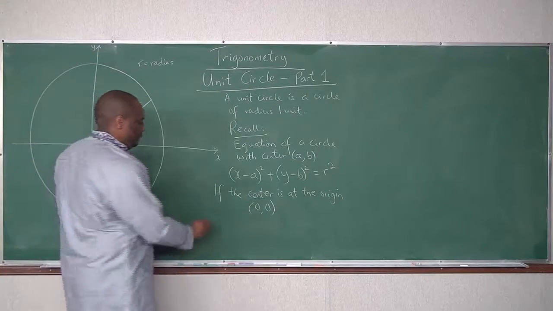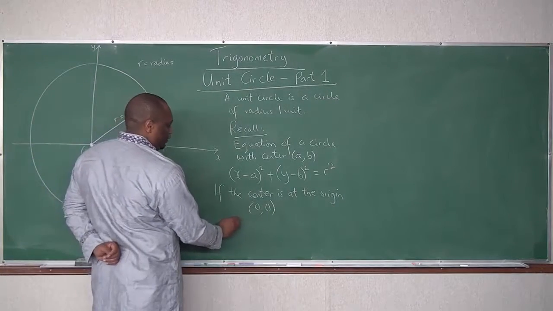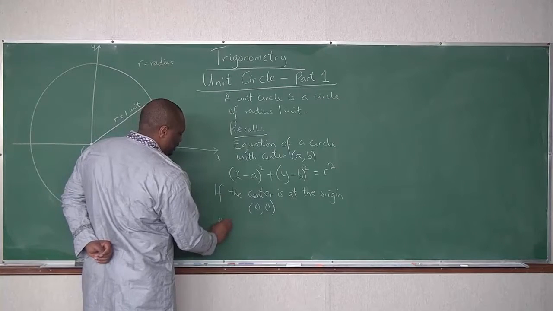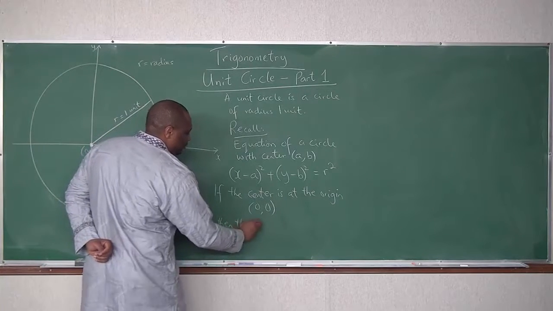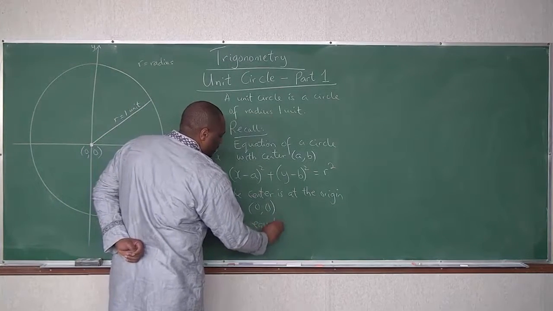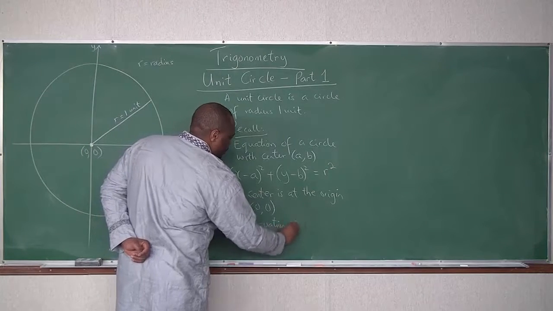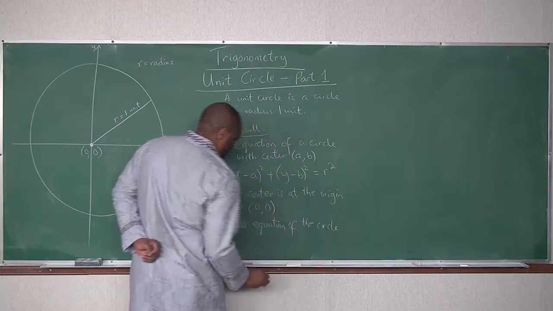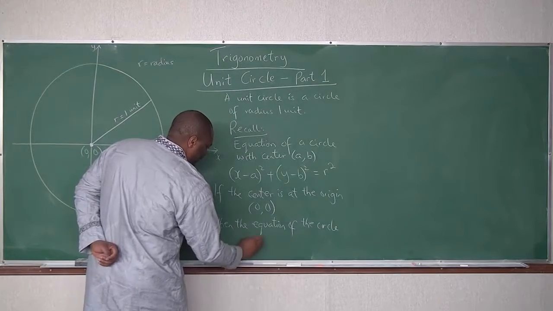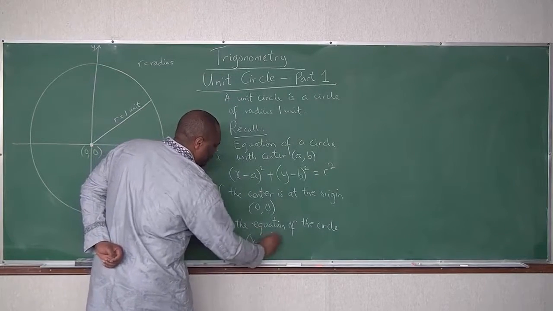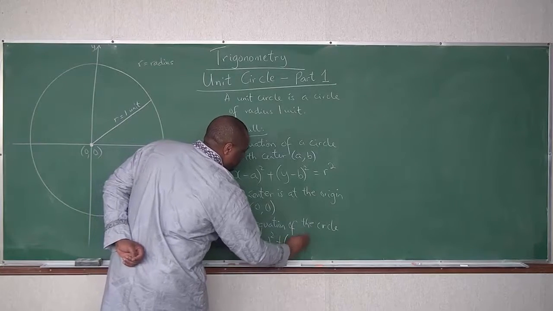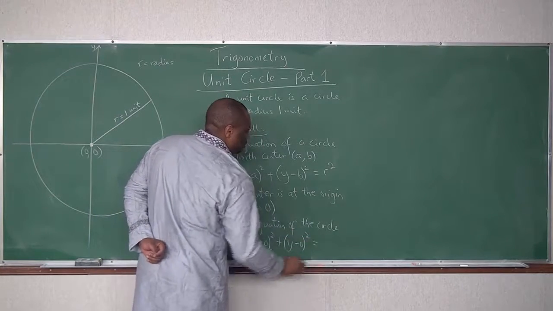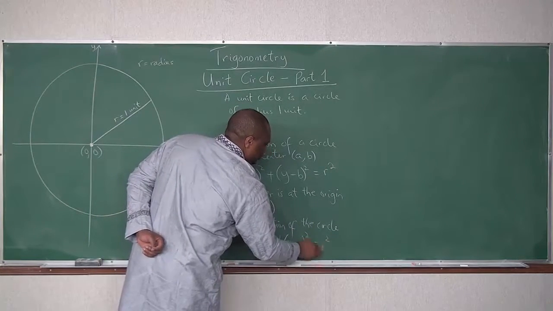Then the equation of the circle will be (x minus 0) all squared plus (y minus 0) all squared equal to r squared.